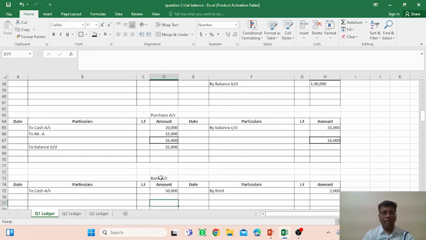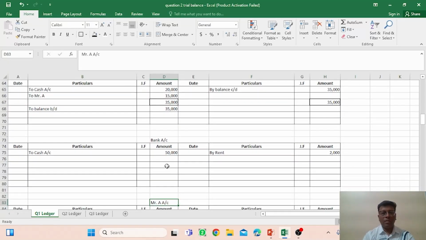And in the bank account, as you see that there are two amounts in the debit and credit, so we have to take the total of the side having the highest amount.